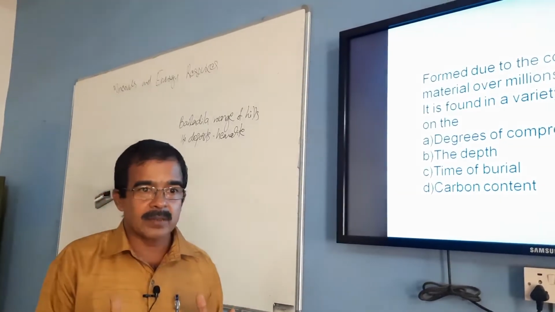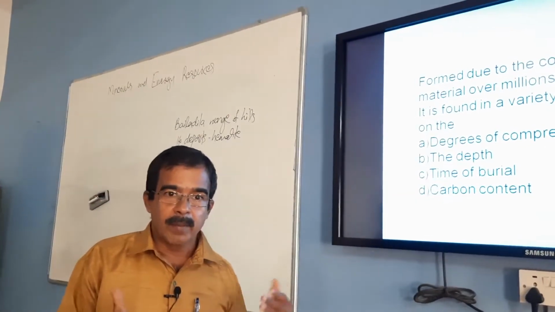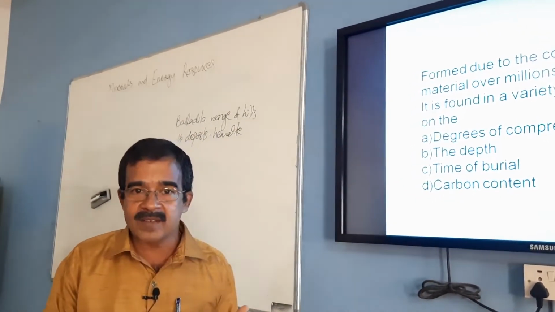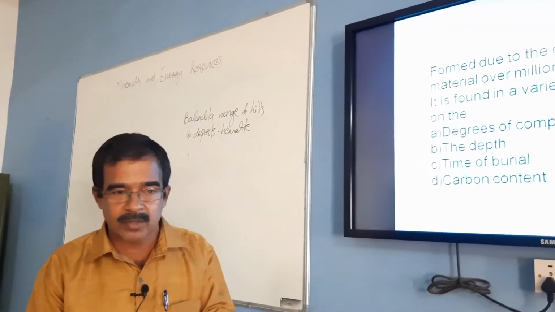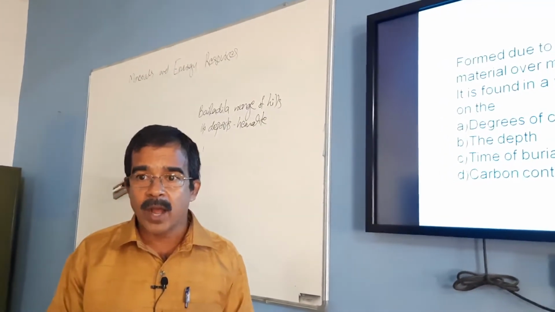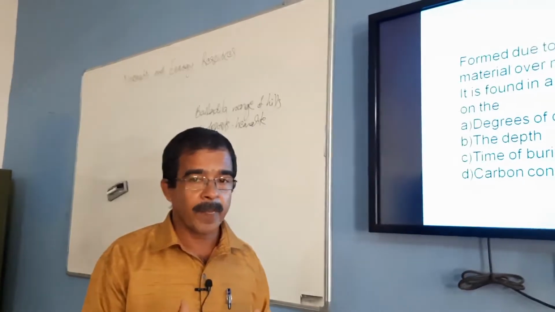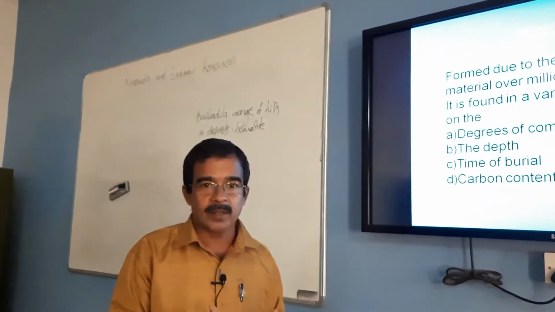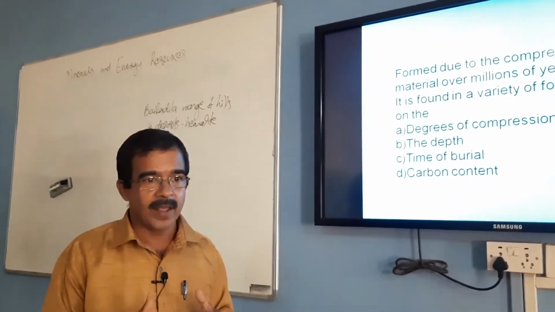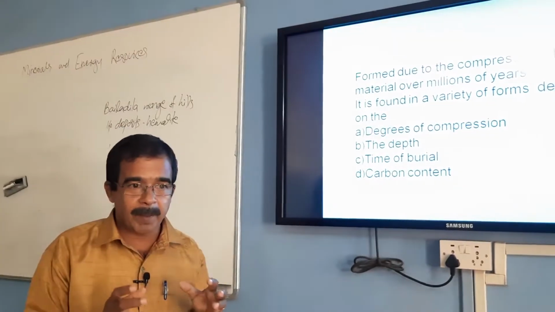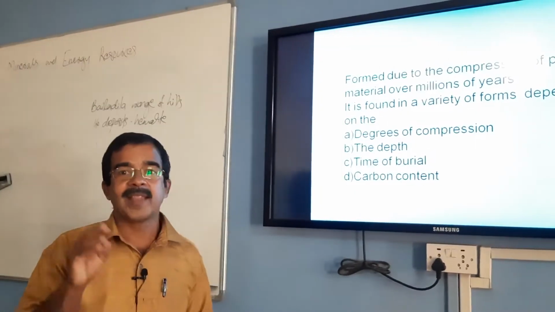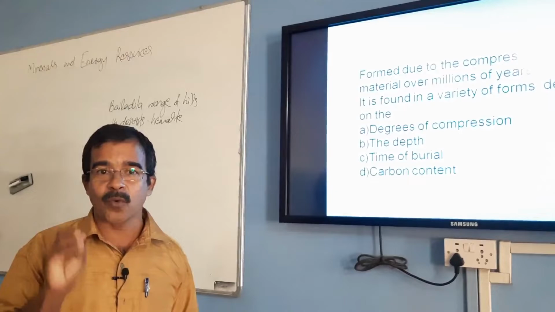And it is formed millions of years back when the trees were uprooted and buried under the earth under high temperature and pressure. Some changes happened to it, the process of carbonization, and the amount of carbon present in it decides the quality of coal.